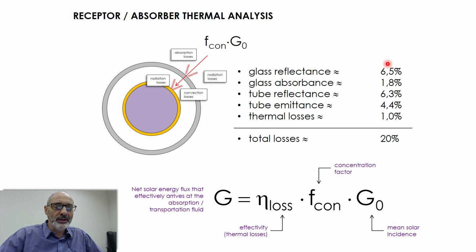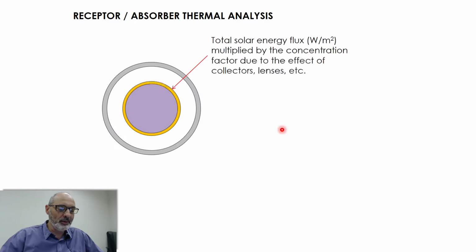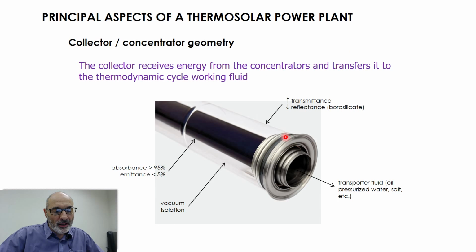In terms of the balance of the losses, 6.5% is due to reflection, 1.8% is due to absorbance, reflectance, emittance, and thermal losses. By thermal losses, I mean losses through the connection parts, connections between several tubes. You may have heat coming through the material by conduction, and then losses through convection.